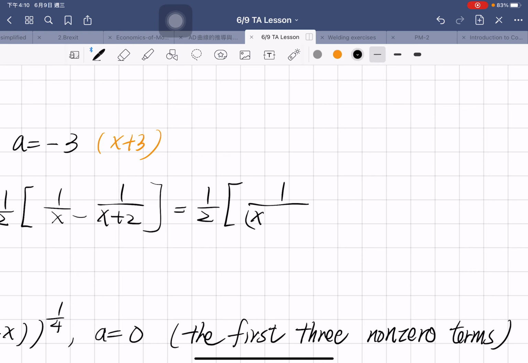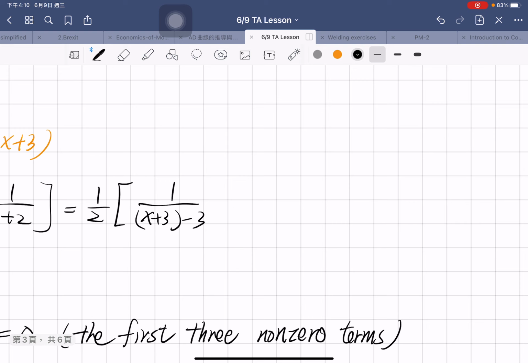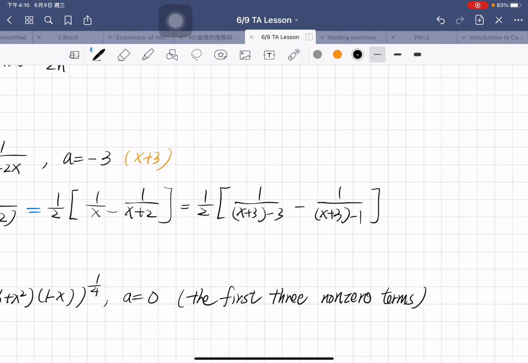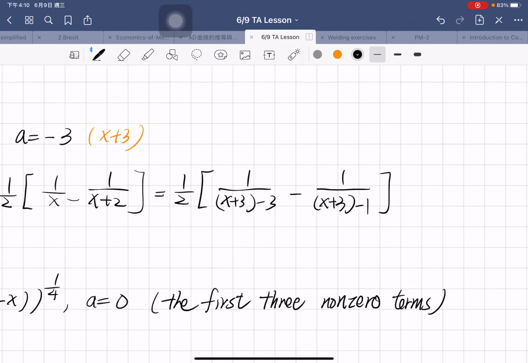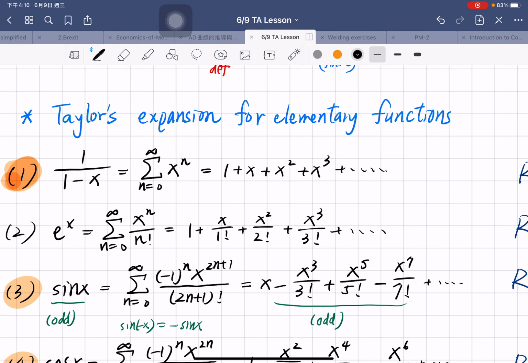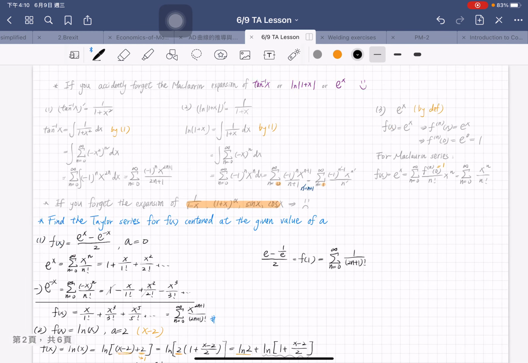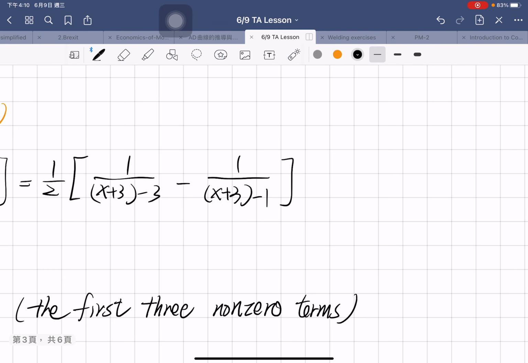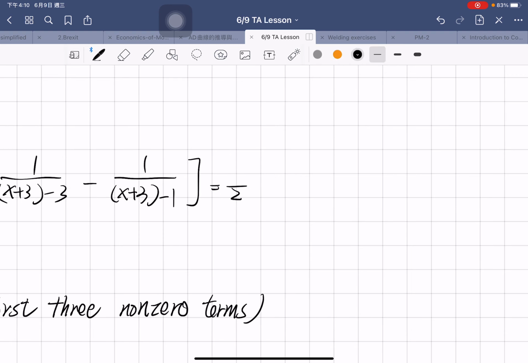So it's +3, -3, and -1 over x plus 3 minus 1. Okay, so at the end, this will be easy because you know the first point, right? So now we get 1 in here. We get -3, -1 and -3. So what we do is subtract it out.